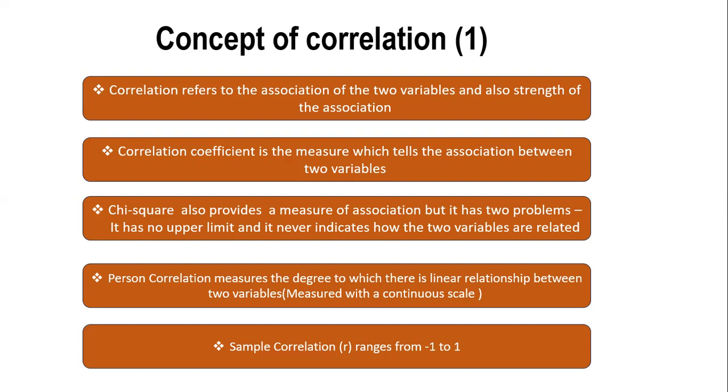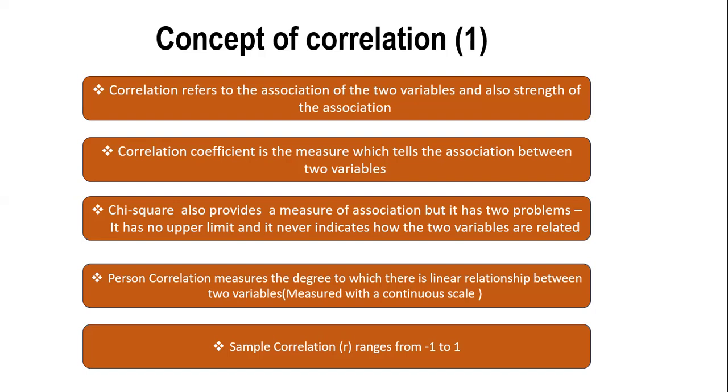But in chi-square, the variables are categorical and should be measured on a categorical scale. And sample correlation ranges from -1 to 1. Why is it called sample correlation? Because if we calculate the correlation of a population, then it is called population correlation. And we are always interested in the sample correlation, and it's simply known as the correlation coefficient or Pearson correlation coefficient.